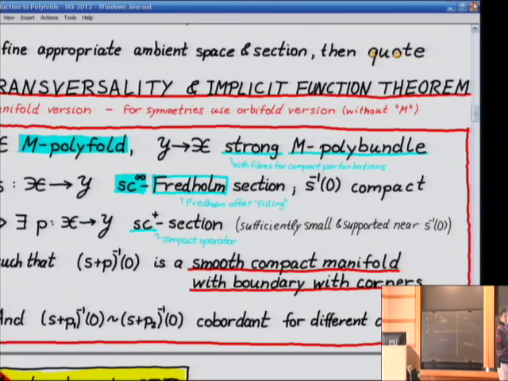So here, if my ambient space X is this, and the index is 1, then I can keep my solution set from running into the corner. It will run into the boundary, but it won't run into the corner, and it also will not just end in the interior.